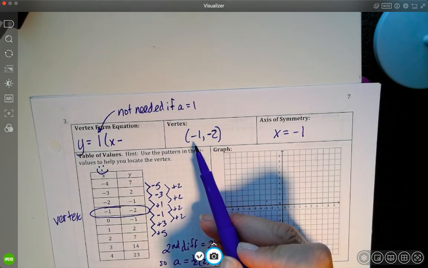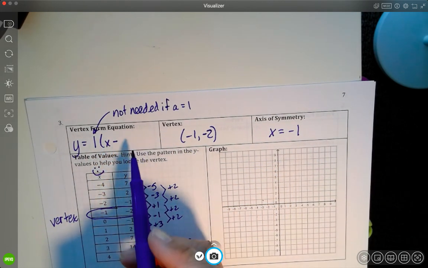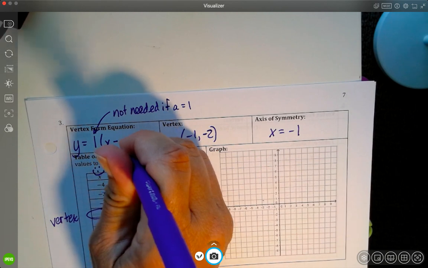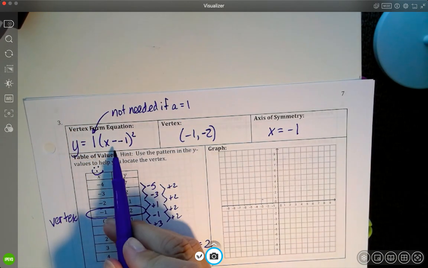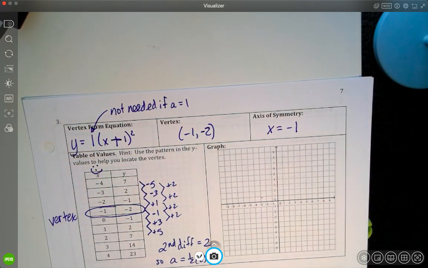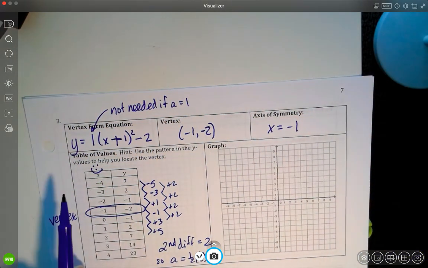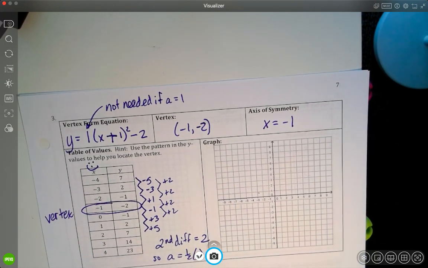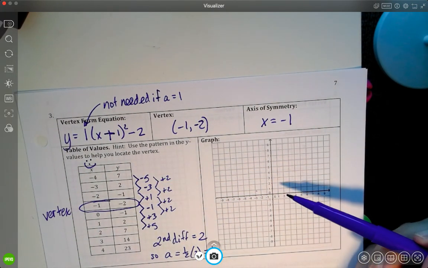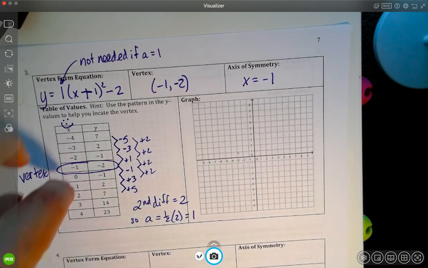So if I wrote x minus -1, it's really plus, right? So x plus 1 because it's x minus -1. And then my k is -2. So here's my equation. And then all I have to do is graph it. So you could go ahead and graph those points and sketch a smooth curve. I'm not going to do that because you know how to graph points on the graph.